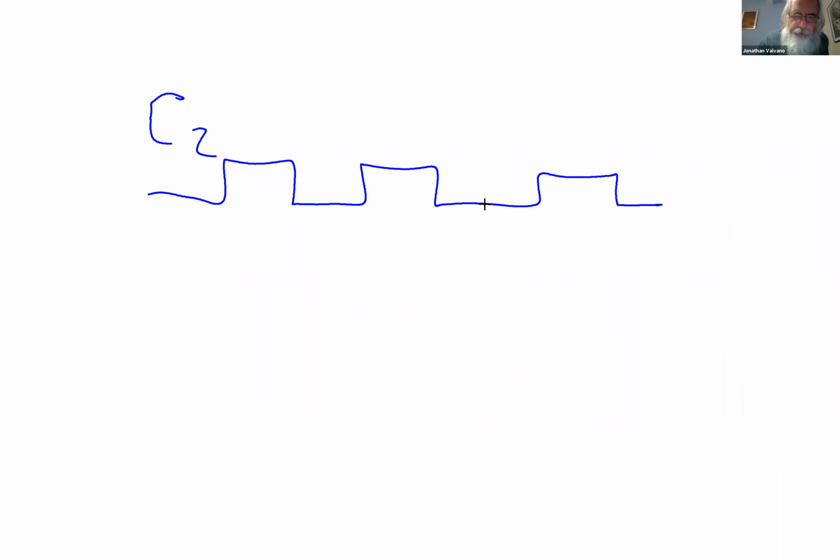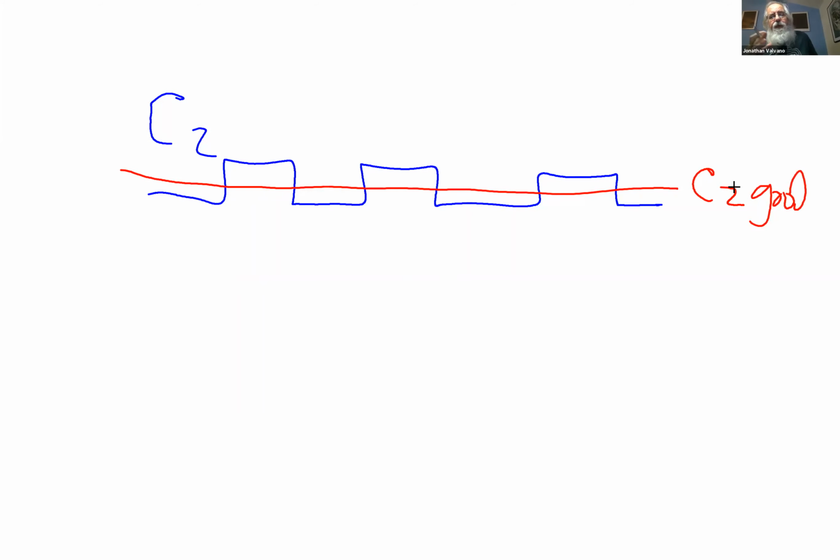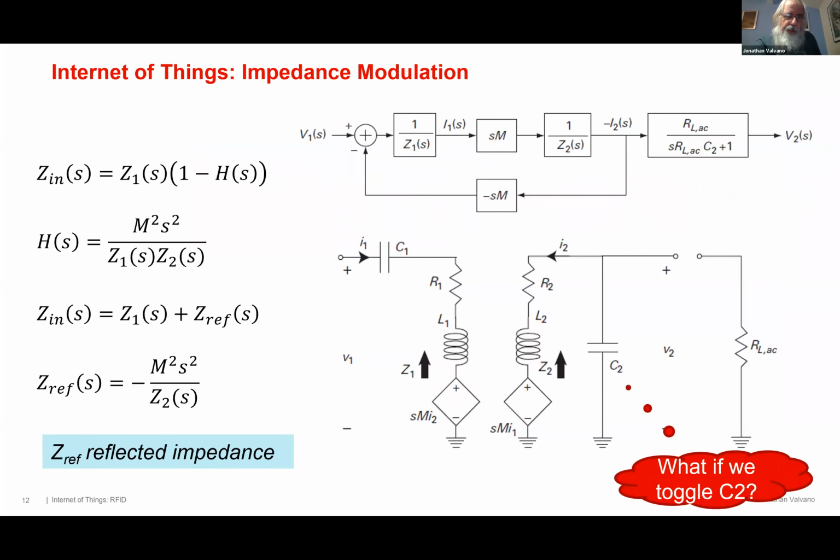So this is the good one. But I'm going to modify the capacitance, because that's a free variable, right? C2 is a free variable. I'm going to modify the capacitance in the receiver as a function of time. What's going to happen to Z reference, the reflected Z?